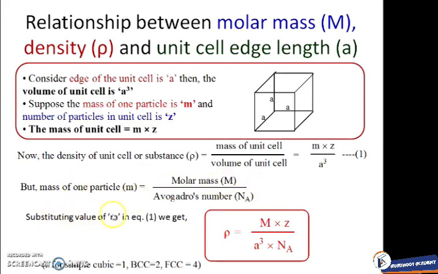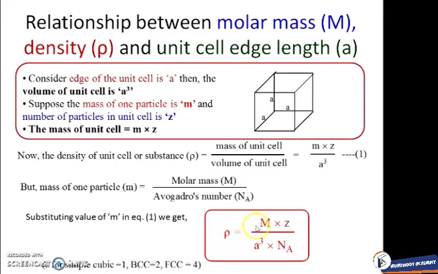Now substituting the value of m in equation number 1, we get m is equal to M upon Na. This capital M is the molar mass, and Na is the Avogadro number. So small m is equal to capital M upon Na, and therefore we get the density of the substance.